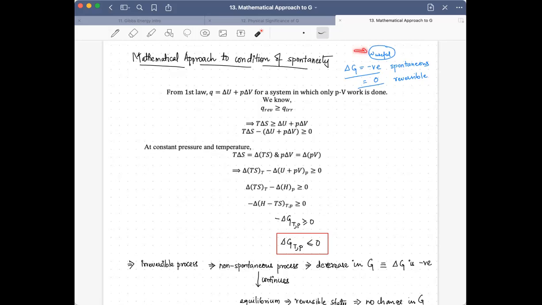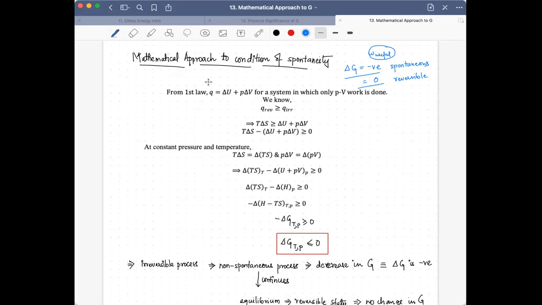Previously, we looked into it in terms of useful work, but now let us try to understand it in a more thermodynamic sense, because in thermodynamics we most often come across pressure volume work. So this is the expression that you obtain from the first law, that is Q is equal to delta U plus P delta V. Now we have two different conditions: we can have a reversible condition and an irreversible condition.